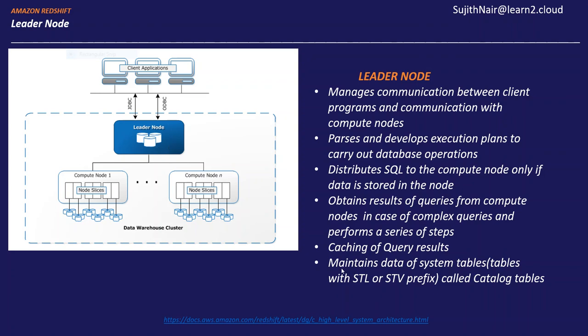The next point is maintaining data of system tables called catalog tables. So every database has its own what is known as system tables. Like in Oracle we call it DBA underscore, and in SQL Server we have information underscore schema, and all these kinds of catalog tables. And the Redshift database also has catalog tables, and these catalog tables are actually managed and run by the leader node.